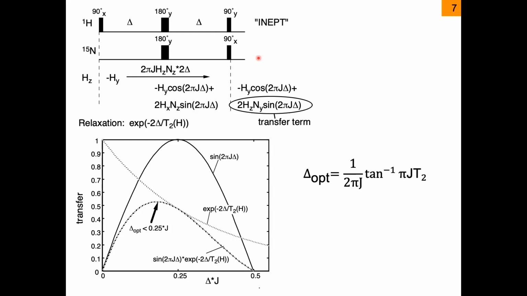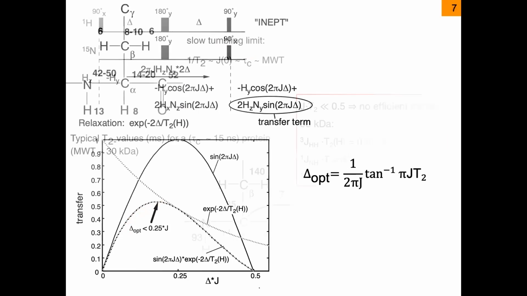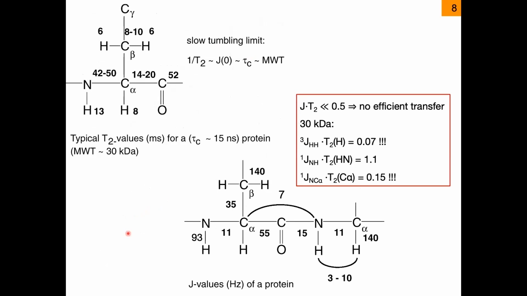But of course, this is not working very well, because if this pi J T2 gets very small, then the whole efficiency becomes smaller and smaller, and then you're losing. So what is important is to know now the relation between the J coupling and the T2. On the next slide here, you see T2 times that we determined at that time for a 30 kilodalton protein, interferon gamma, at room temperature more or less.